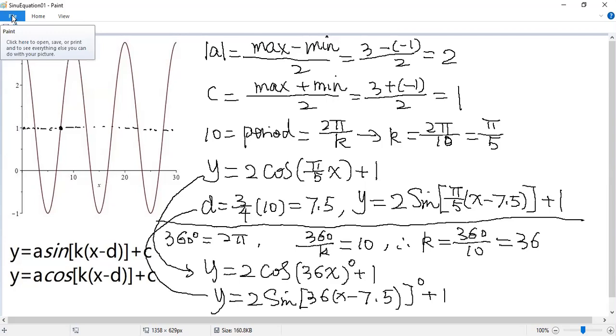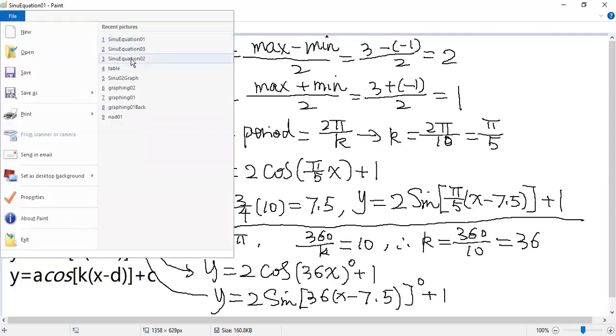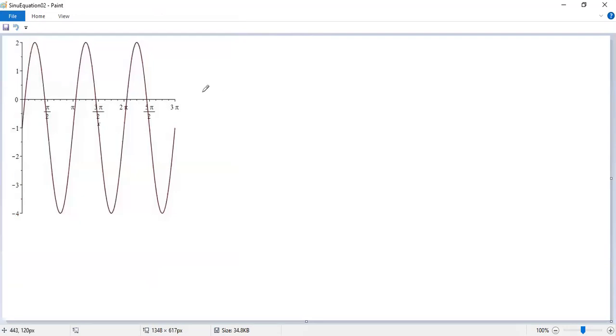Let's look at the next example. The amplitude a equals maximum, which is 2, minus minimum, which is -4, over 2.